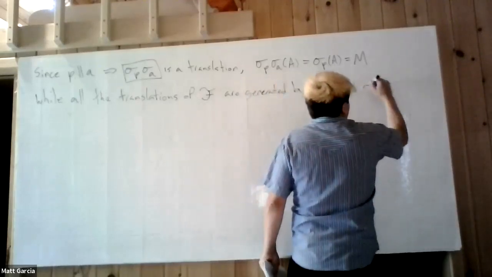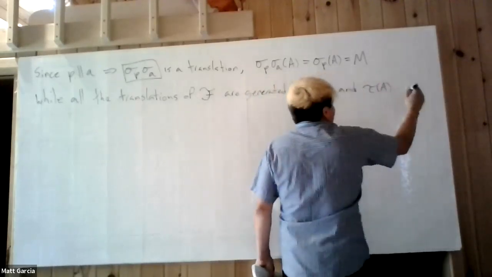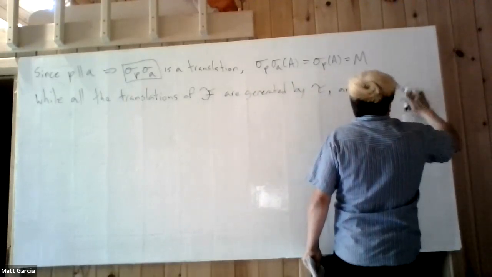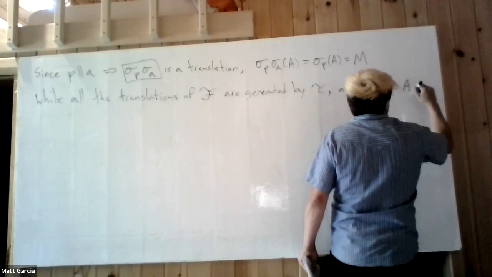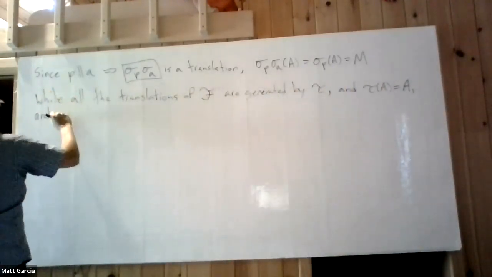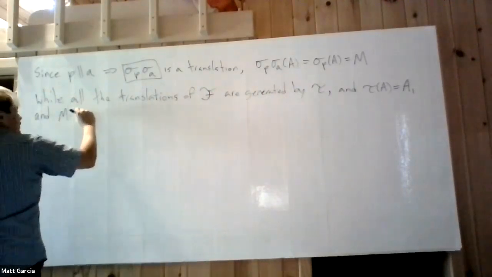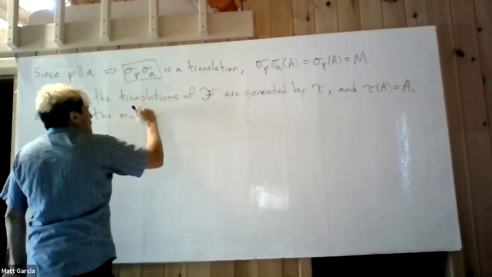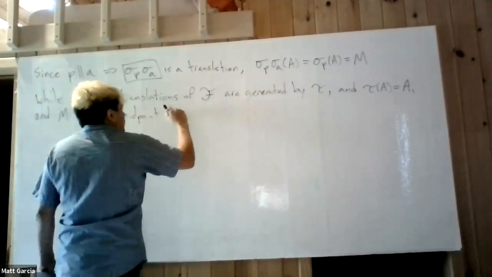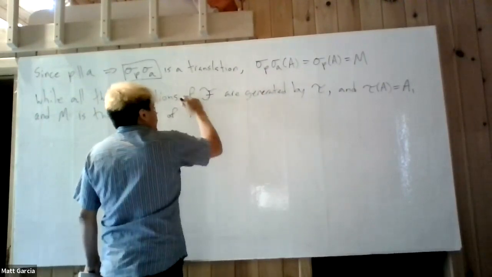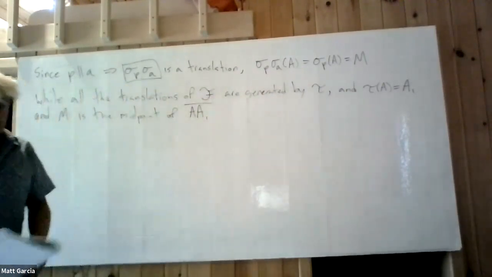And tau of A is equal to A1, right? And M is the midpoint of A and A1, right?